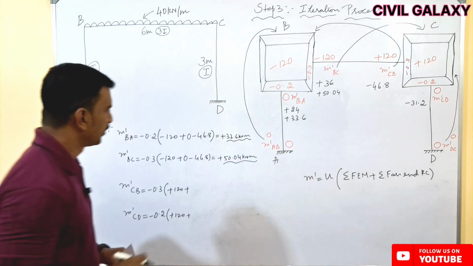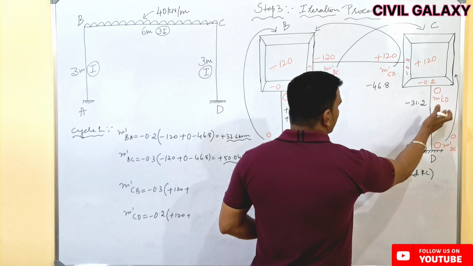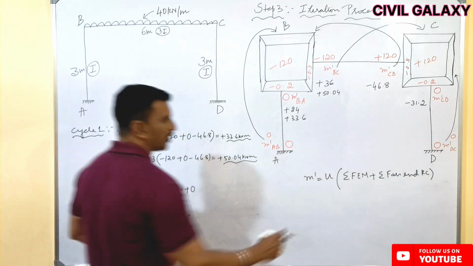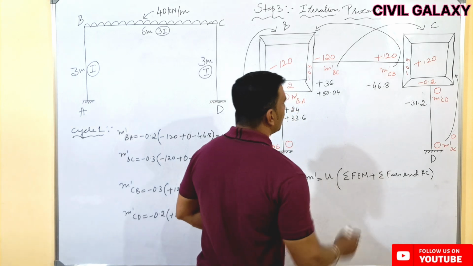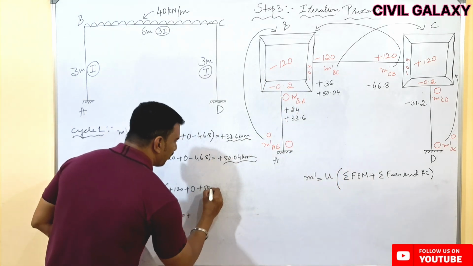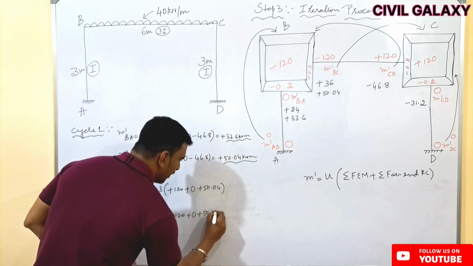Next, if we consider m dash CB and m dash CD, the first m dash DC is 0, and here we have got a new iteration value which is plus 50.04. Here also it is repeated the same.